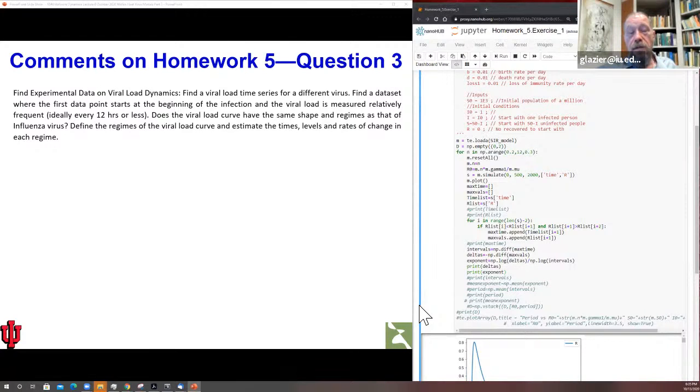And so then you would do the same kind of thing we did before, which is how many fractions of a day it takes for a factor of 10 to go up. Then the viral load comes down very rapidly with HIV. And again, the peak value, the days at which the value peaked, and then the exponent would be the things to get. And then it stays low for a long time.